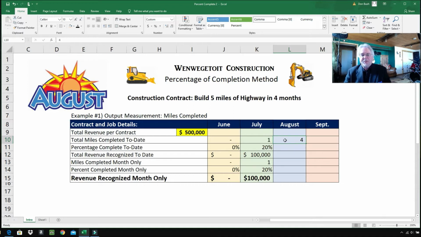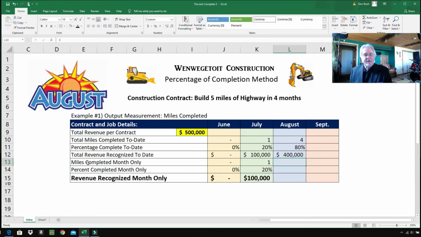So 1 in July and 3 in August, which adds up to a grand total of 4. So the grand total percent done would be 4 miles out of 5 miles, which would be 80% done. So the total revenue recognized to date would be $500,000 times 80%.